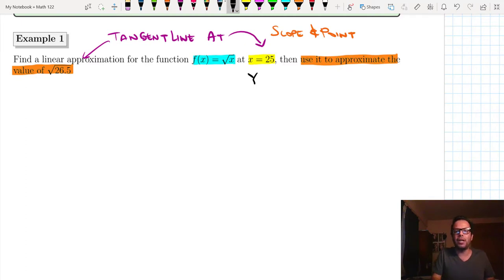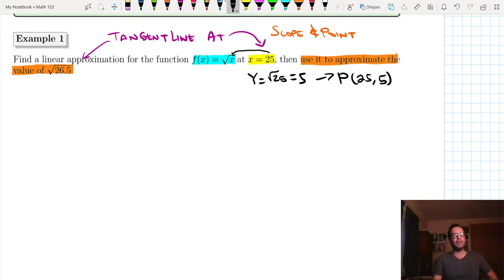Where are we going to get the y value? By plugging in this 25 into the original function. That is the square root of 25, which is 5. So we have the point P equals (25, 5).